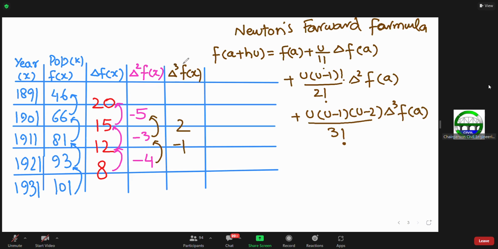Here it goes up to del cube, so it's like this. This is the formula.